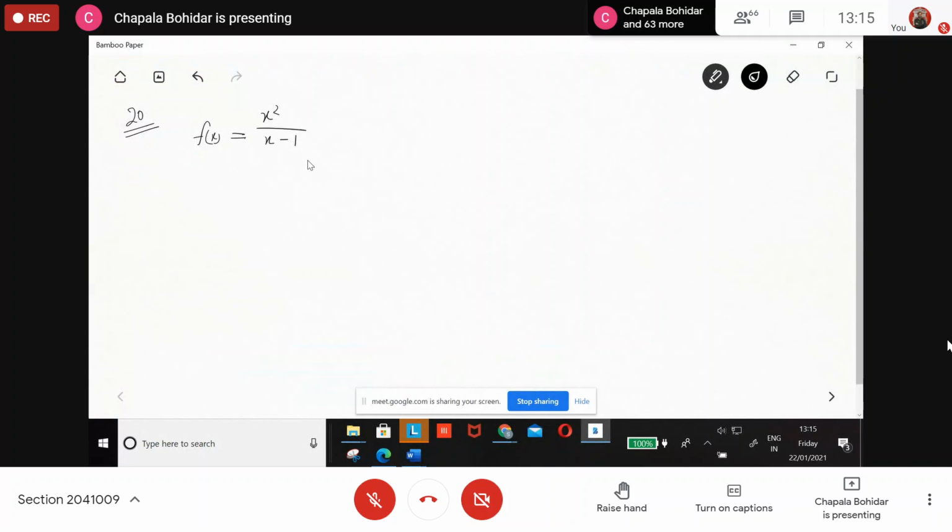Question number 20. f(x) is equal to x square by x minus 1. The question is asking to find out the local maximum and local minimum by using the first order and second order, both methods, or whichever you prefer.